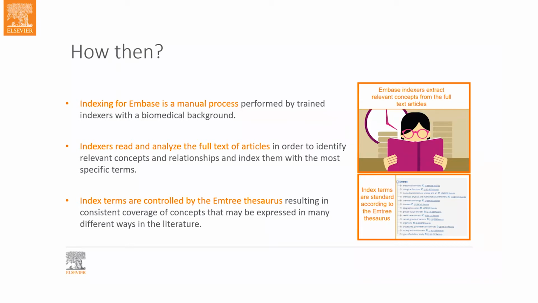That's why coverage of non-English documents in Embase is much better. Indexers read and analyze the full text of the article in order to identify relevant concepts and relationships and index them with the most specific terms.